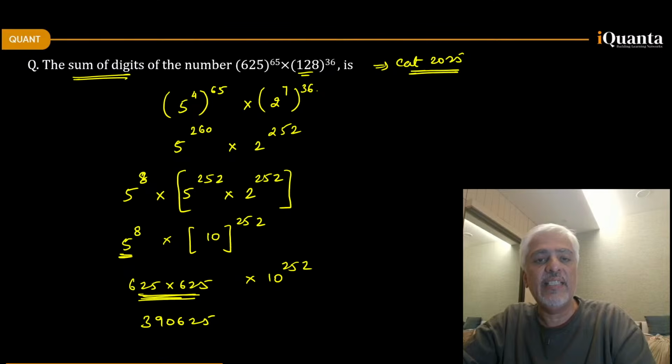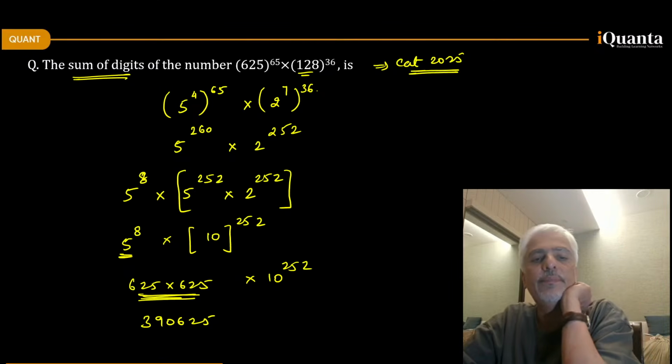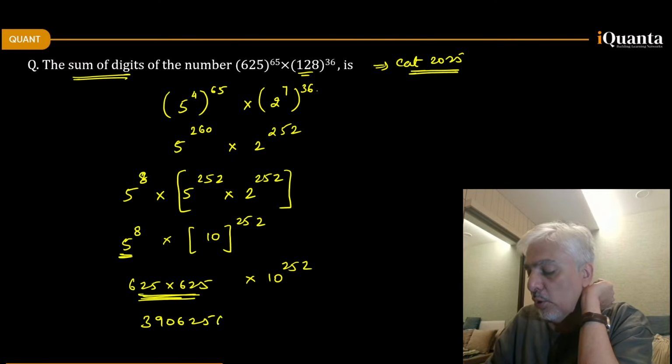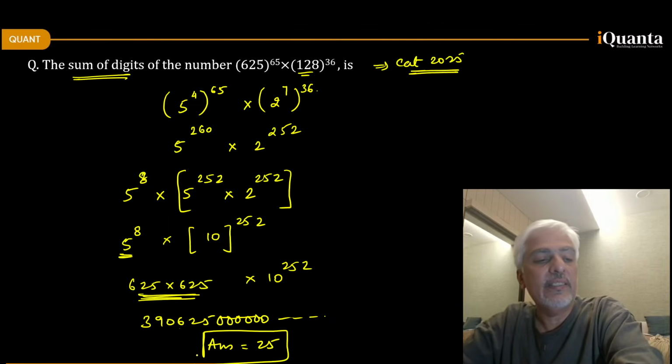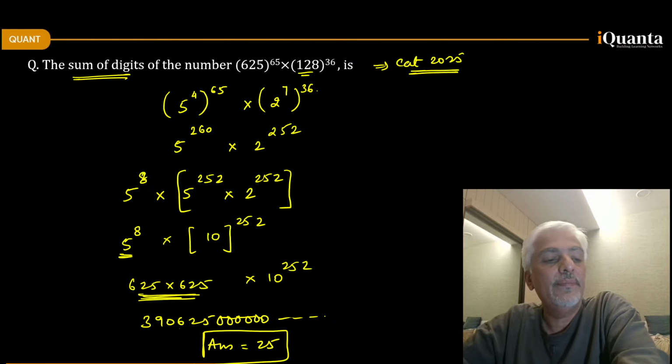Yeah, it is 390625 with all the zeros at the end which have no meaning for the sum of the digits. So 3 plus 9, 12, 12 plus 6, 18, 20, 25. So answer for this question becomes 25. Sum of the digits. Everybody understood?